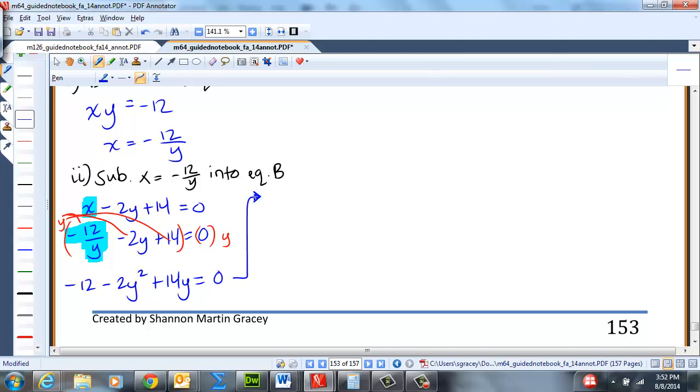And then if we factor out a negative 2 and write them in descending order, we'll have y squared minus 7y plus 6 is 0. Then if you divide both sides by negative 2, those divide out.